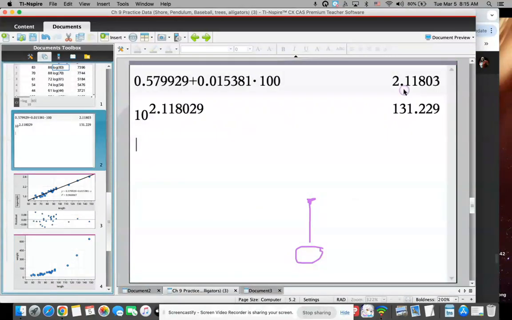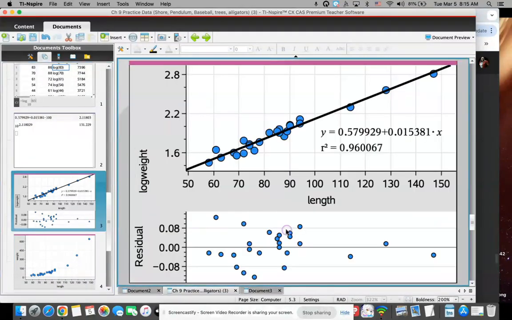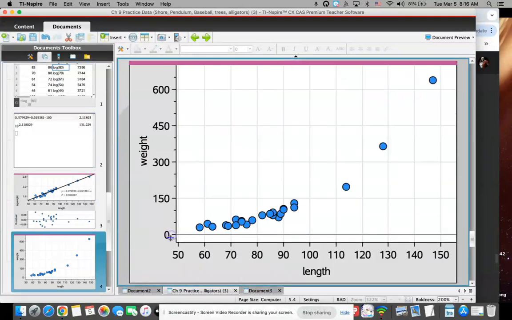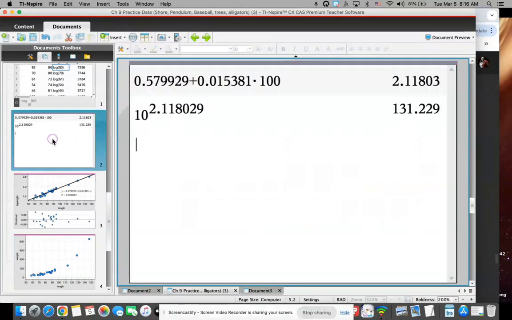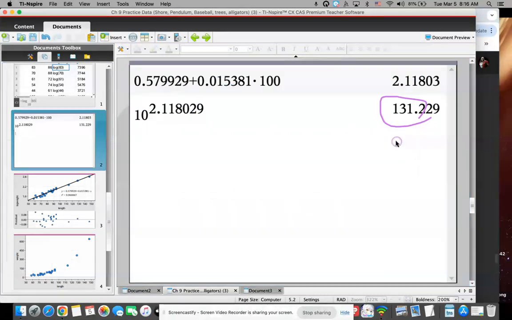Well, that's what we got. We got 131. That's what the model would predict. This is like 50, 100, so 130 is right in here. So that's kind of what I would predict, like 130-ish. But we don't have to estimate. We have a good point estimate as our prediction.